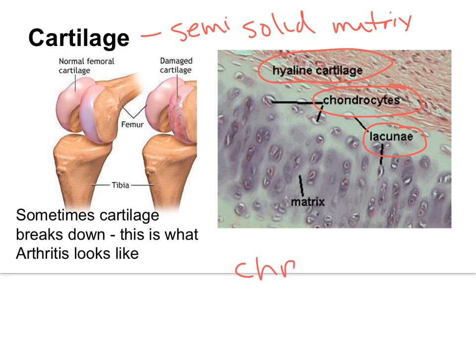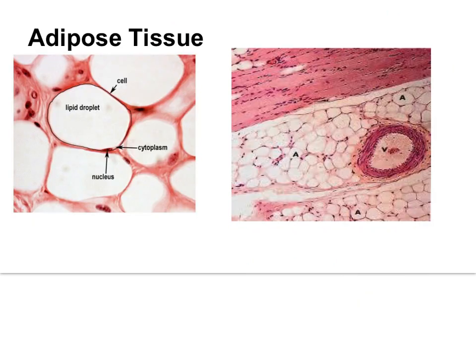Chondro means cartilage. So chondrocytes are similar to osteocytes, except these are the cells that make the materials for cartilage. Cartilage's job is to cushion and also helps to lubricate joints. So we usually see cartilage at the end of bones and in joints.